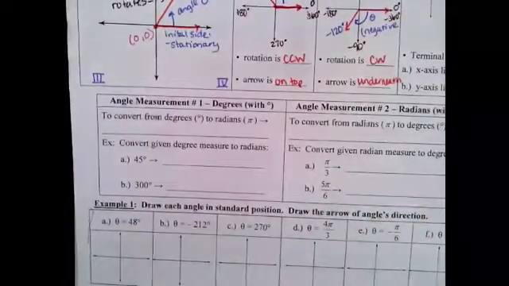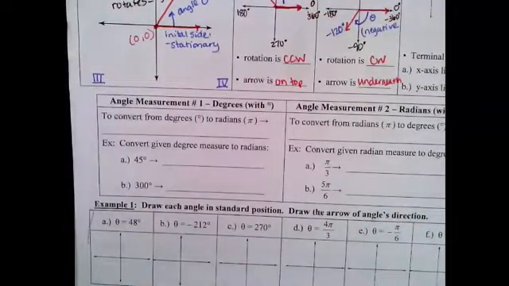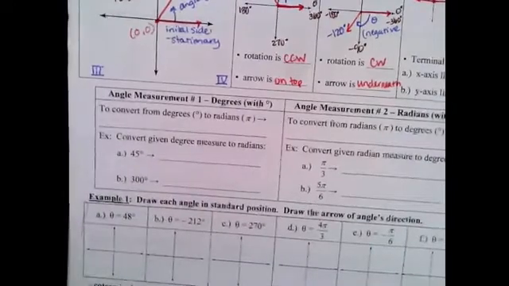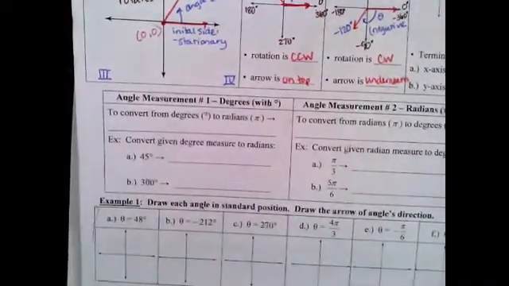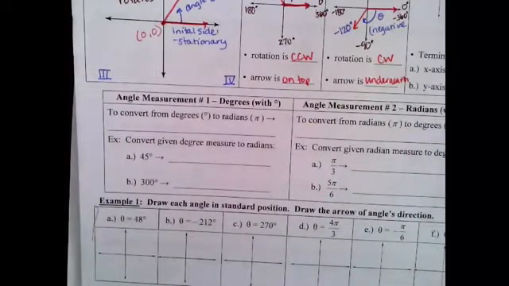Okay, now we're going to talk about converting from degrees to radians. Radians is something you're going to have to understand, especially going into higher level math. Radians and degrees have a special relationship.